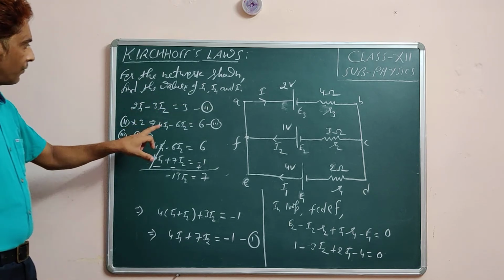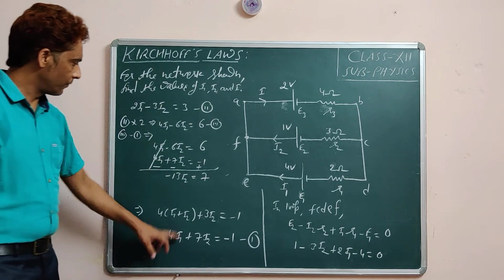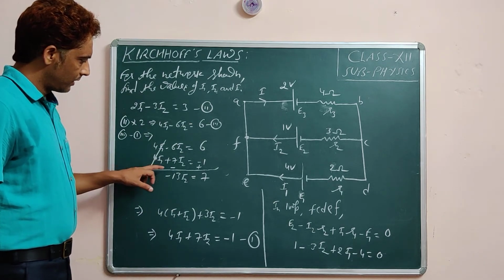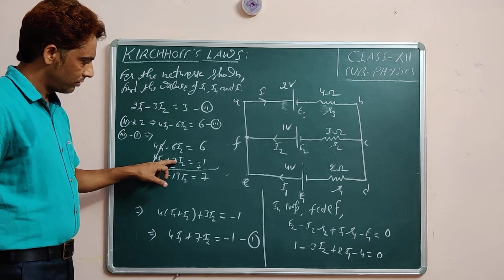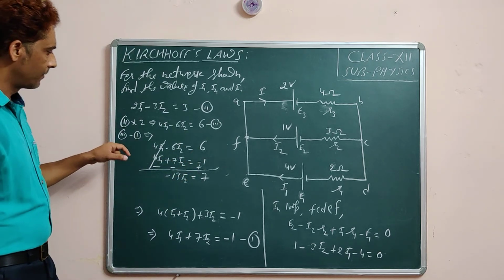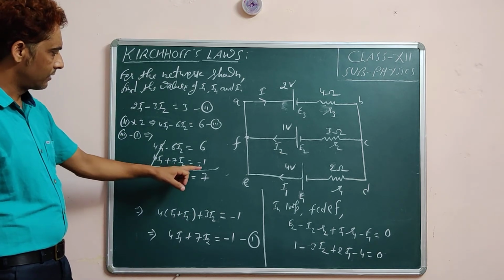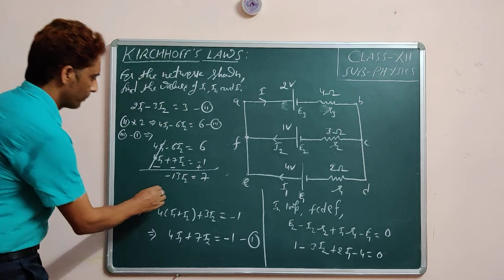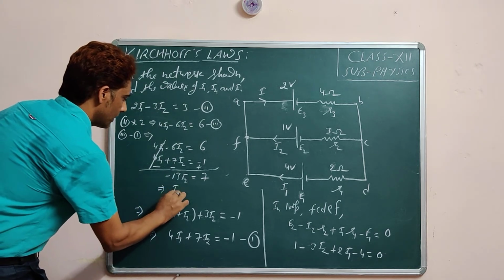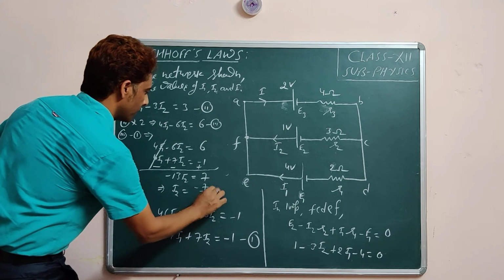Okay, 4I1 minus 6I2 is equal to 6, and this is 4I1 plus 7I2 equal to minus 1. If I subtract the first from the third, this implies I2 is equal to minus 7 by 13 ampere.